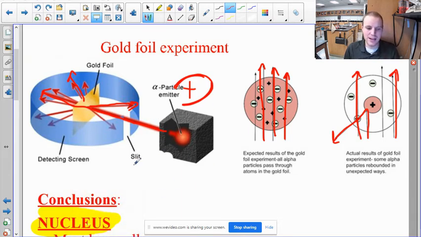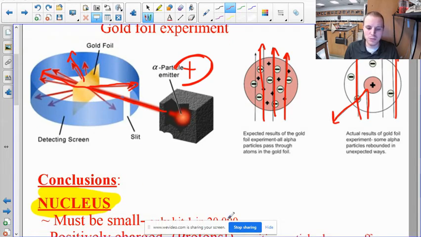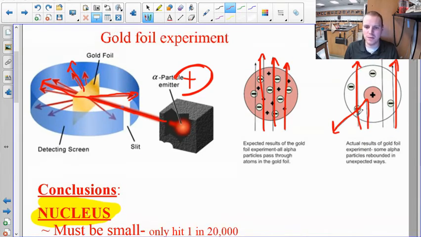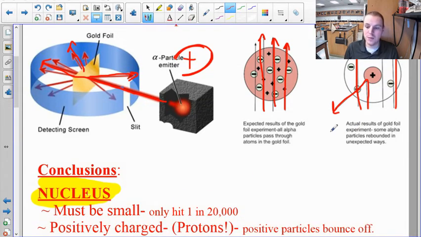So he realized, okay, there must be a nucleus or like a center to an atom. It must be small. Why small? Well, because most of the time the particles went right through. So most of the time they're missing that nucleus, so it can't be that big. But it must also be positively charged. He could tell that the way that these positively charged particles were flying away or bouncing off that nucleus means the nucleus itself must also be positive.